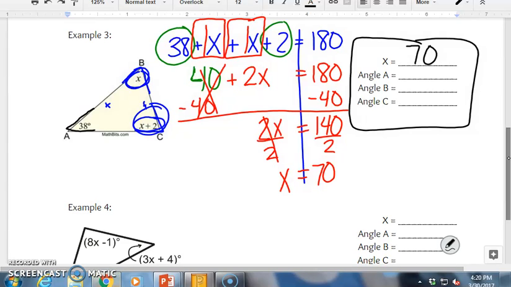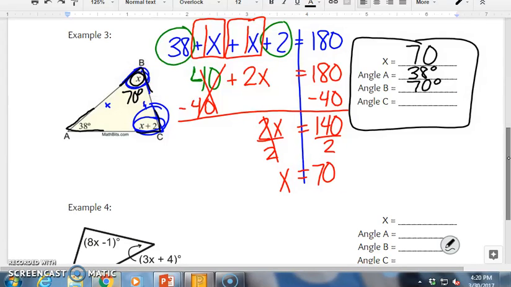Angle A, we already know, is 38 degrees. So I'm going to go ahead and write that over here already, because they already told us that. All right, so angle B. Since angle B is just x by itself, there's no extra math to do there. So angle B's measurement would be 70 degrees, since that is what x equaled.